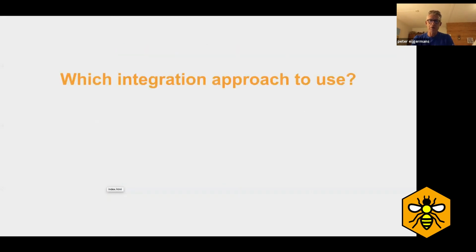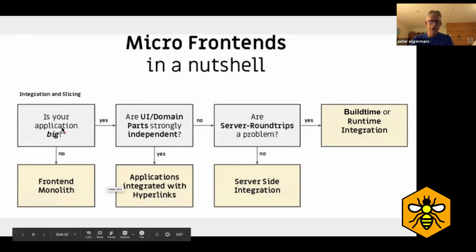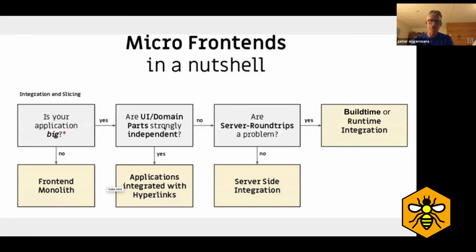Which integration approach do you use? Here you see when you choose for one or the other. I start here with the first question: is your application big? When the answer is no, go for the micro frontend monolith. And is your application big and your UI parts are strongly independent?